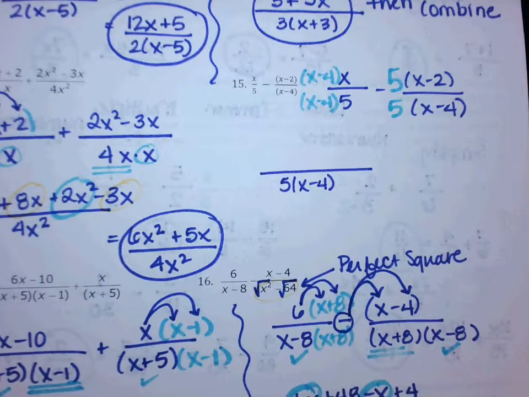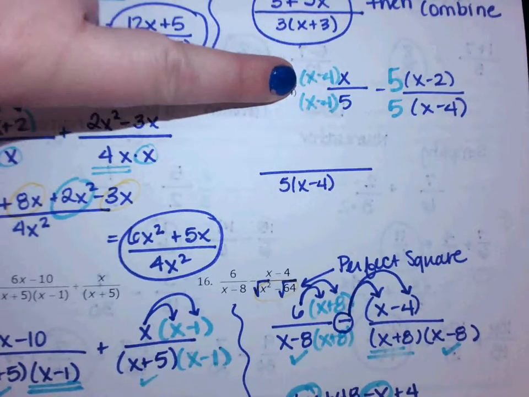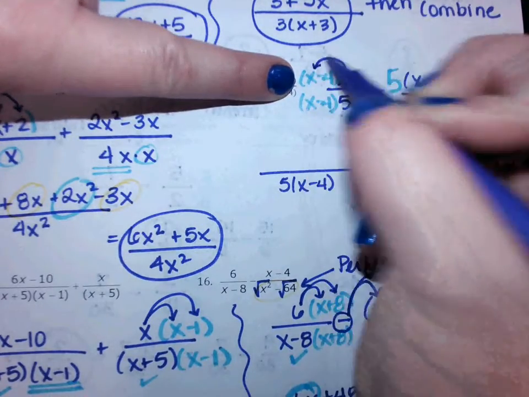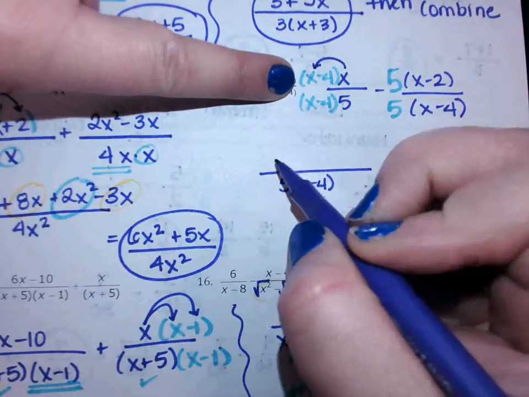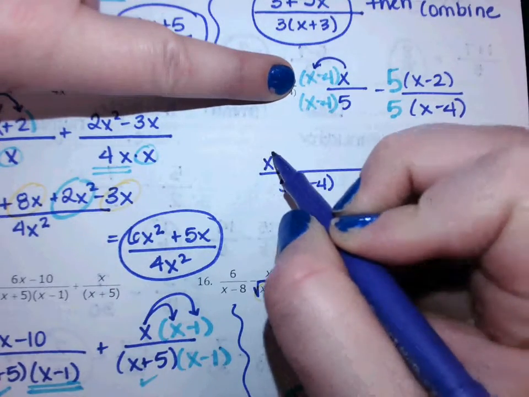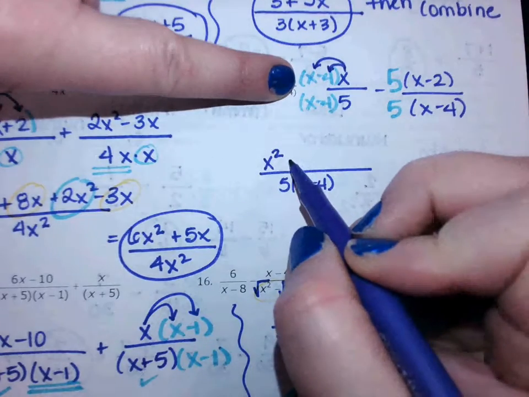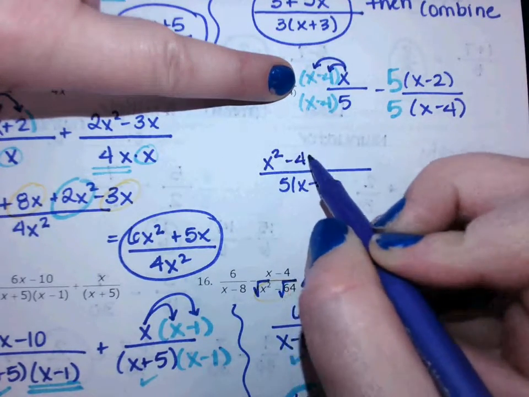And then instead of only having to distribute in one of the fractions on top, you're going to have to do it on both. So I wrote this kind of in a weird order, but you're still distributing, you're just distributing from the right side. So what is x times x? X squared. What is x times minus 4? Minus 4x. Okay, good.